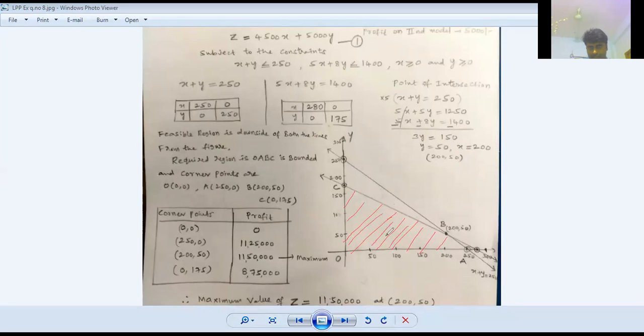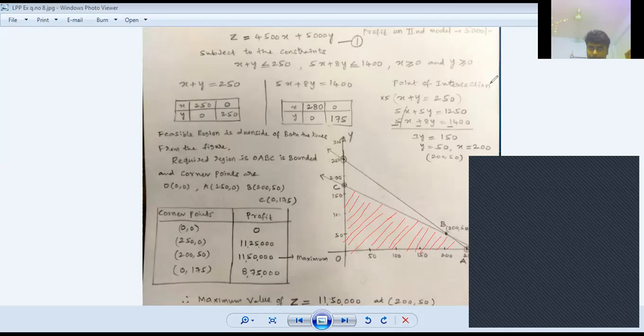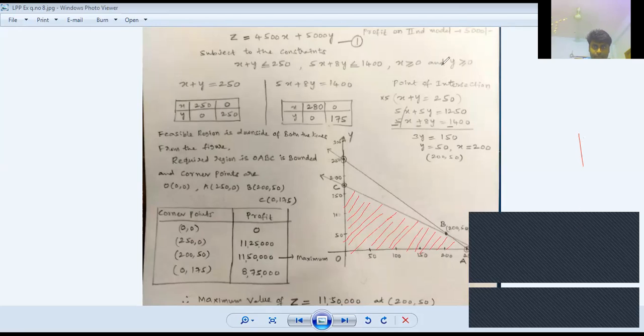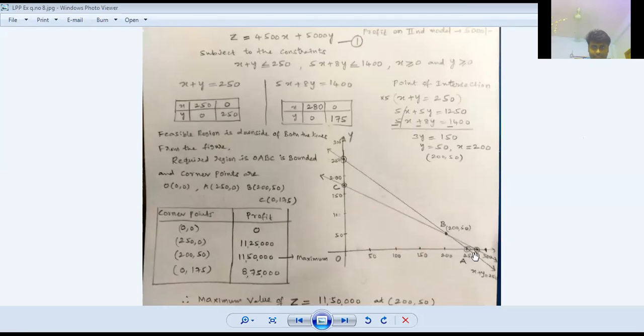Now the corner points are O, 0 comma 0, 200 comma 50, 250 comma 0, and 0 comma 175.